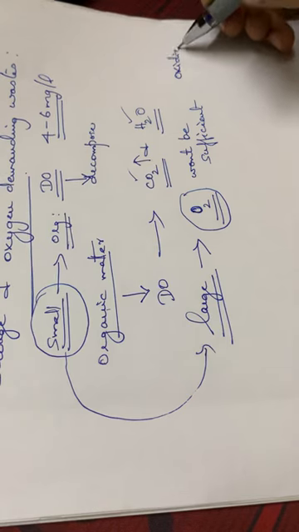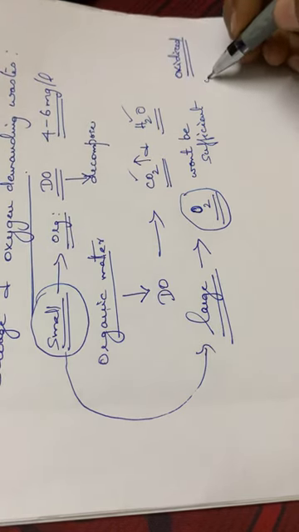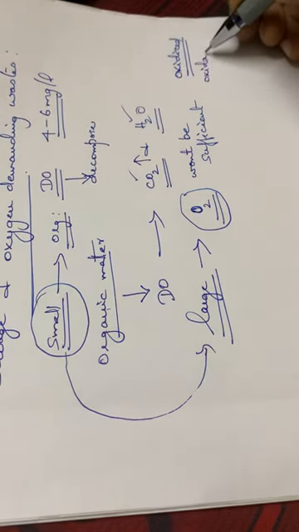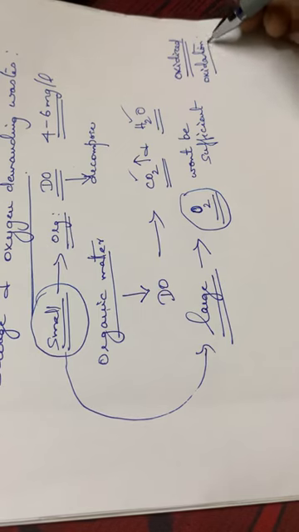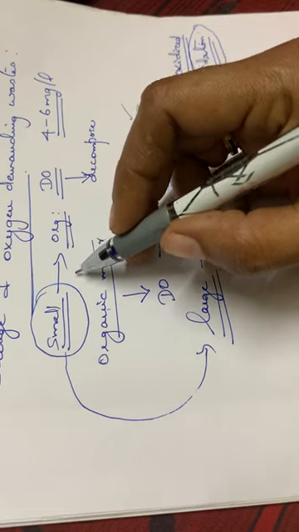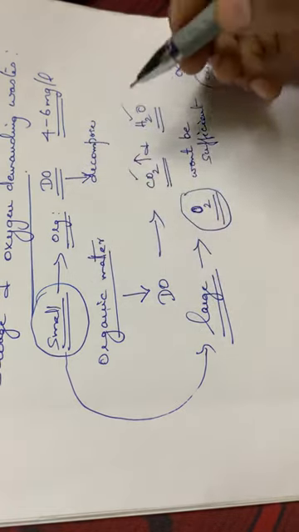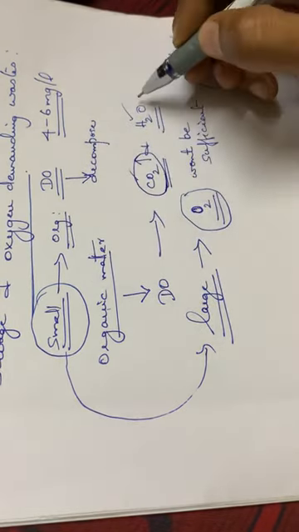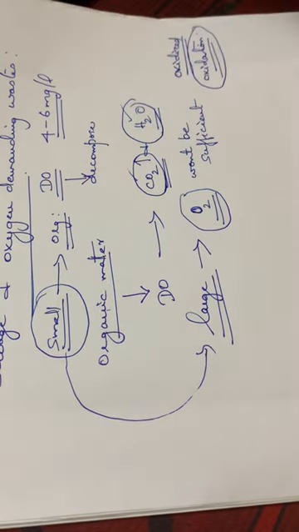In chemistry, the reaction in the presence of oxygen is an oxidation process, so here the organic matter is oxidized. Two cases are there. If sufficient oxygen is present in the water body, the organic matter will be oxidized to carbon dioxide and water.